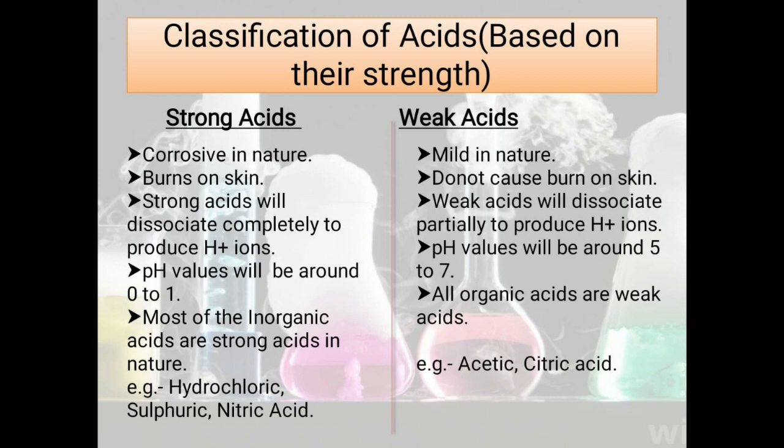Inorganic acids fall under this section, whereas the acids that dissociate partially to produce hydrogen ions, mild in nature, do not cause burn on your skin and have a pH value around 5 to 7, are defined as weak acids. And under this section fall the organic acids.